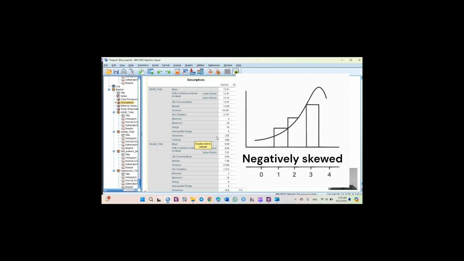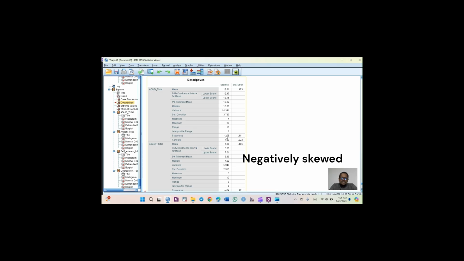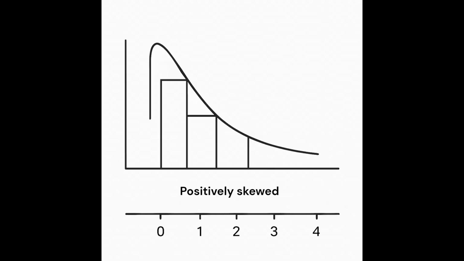Data may be, for example, negatively skewed. Negatively skewed means most of the participants have larger or higher values, and few of the participants have lower values.